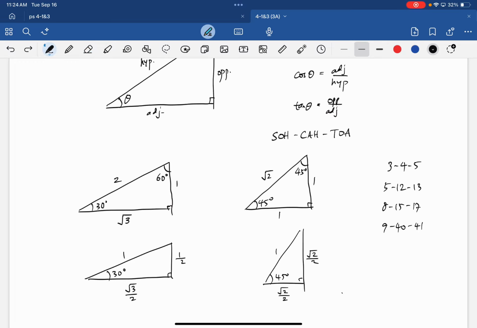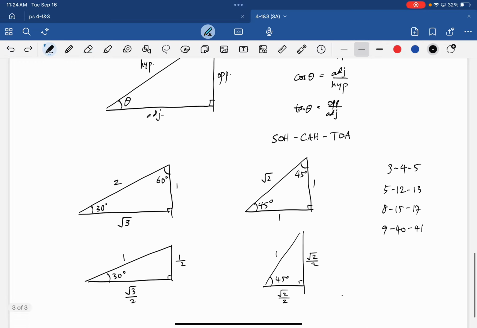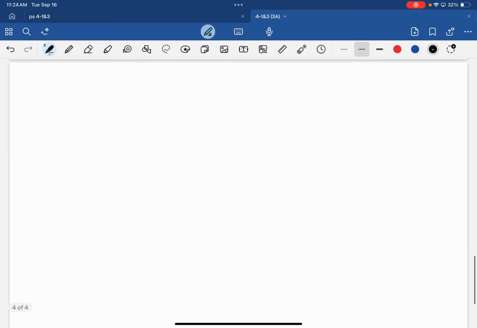Okay, so let's go over how we find sine, cosine, and tangent of these important angles. That will be the second part of the group quiz. So for example, if we were asked, what is sine of 30? Then we would have to draw our 30, 60, 90 triangle.